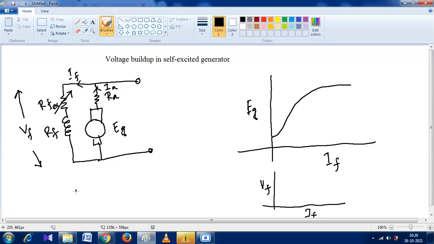Because the value of RF is equal to VF by IF when external RF is equal to 0. Have you understood my point? Yes.